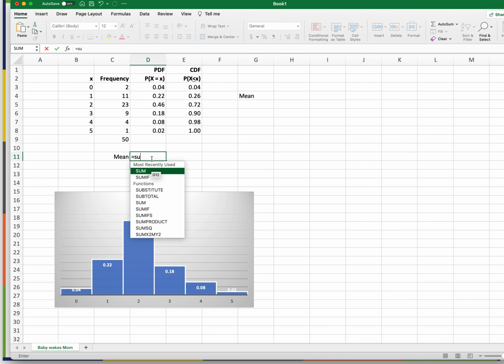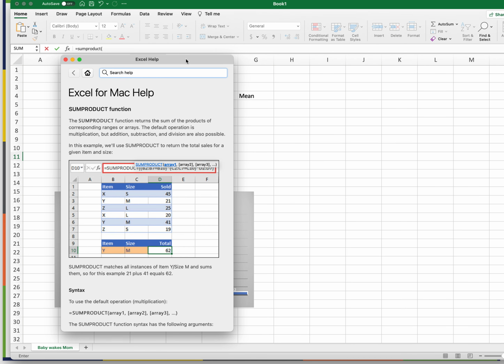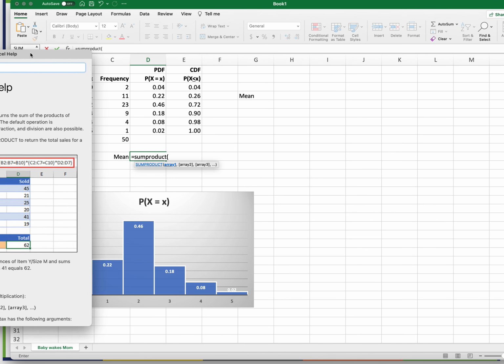It's called sum product. What does that mean? It means if you click on this sum product, it gives you an explanation over here that says the sum product returns the sum of the products of corresponding ranges of arrays, blah, blah, blah.